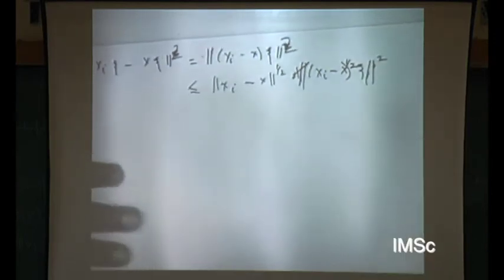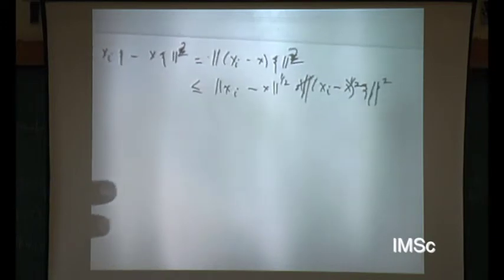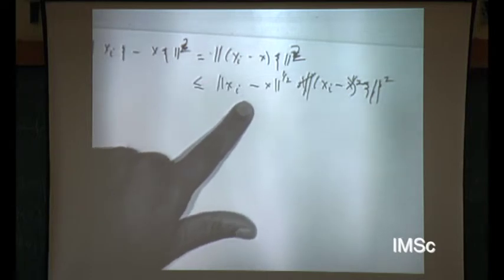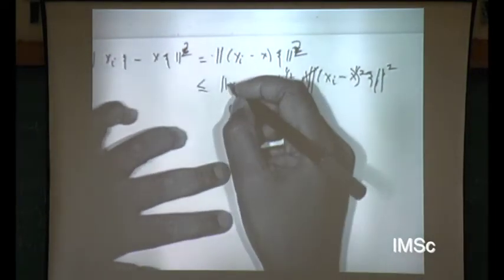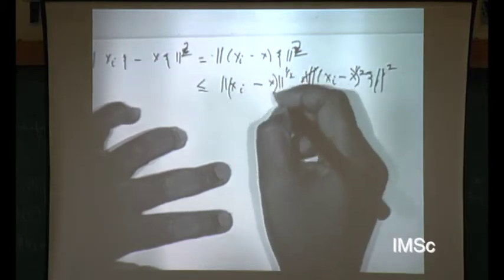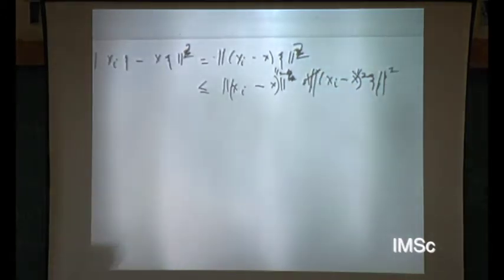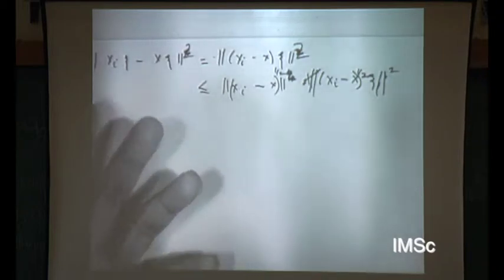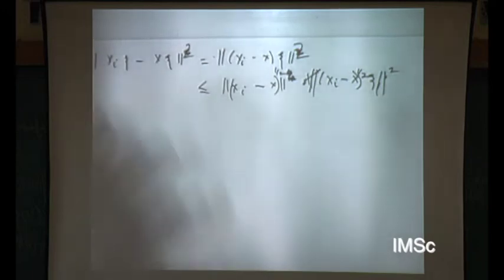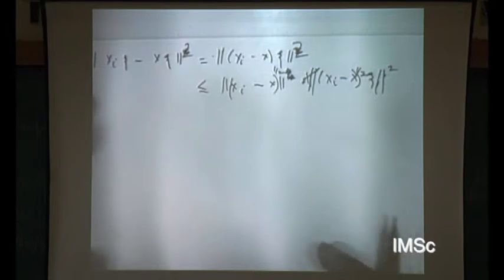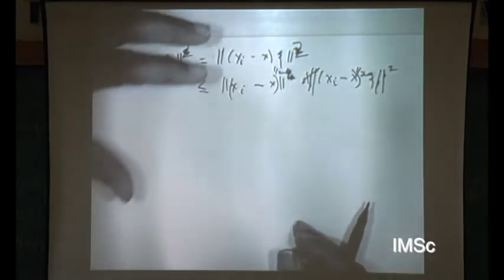For a positive operator, the norm of the power half and the power half of the norm are the same because they are both the spectral radius. Just as for functions, the sup power half, whether you take the half inside the sup or outside, is the same thing.